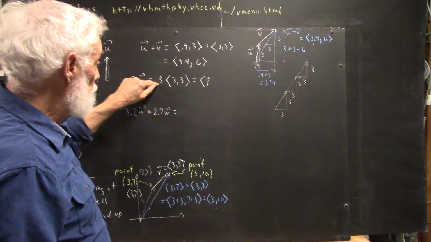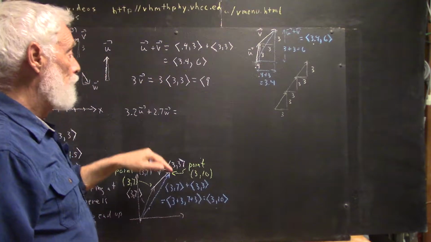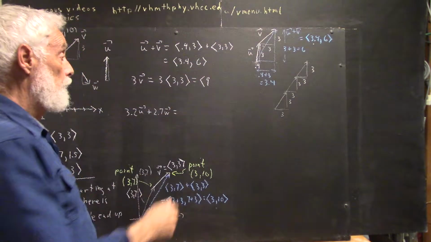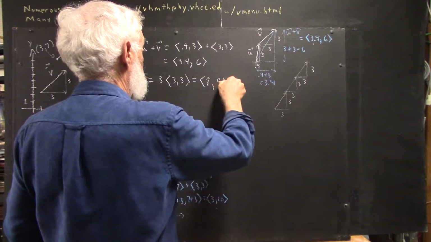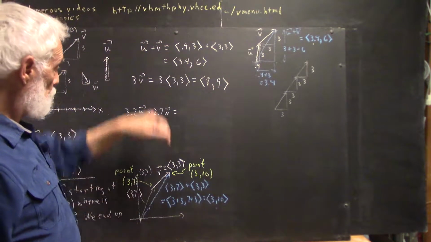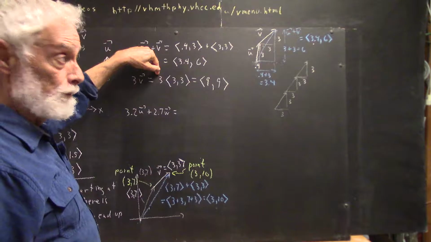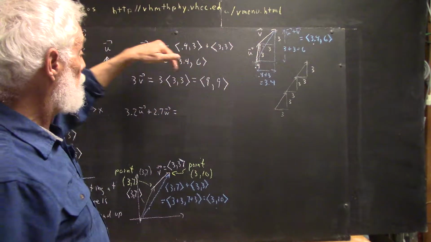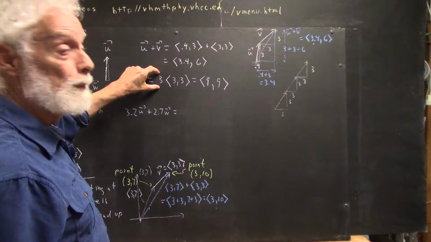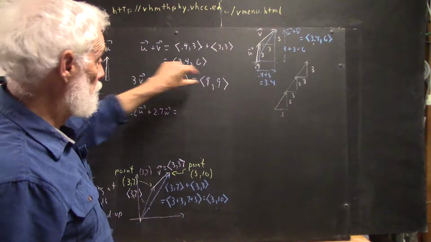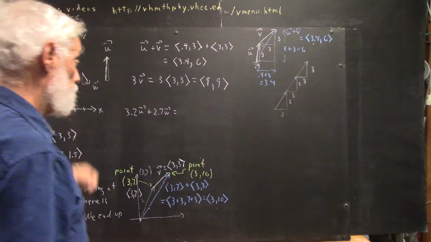This is why we multiply this 3 by this 3. And how many units do we go in the y direction? Well, 3 units for each one. That's going to be 9. So when we multiply a vector by a number, if the vector has this meaning, this is always going to be the case. We're always going to distribute this number essentially through all the components of the vector.